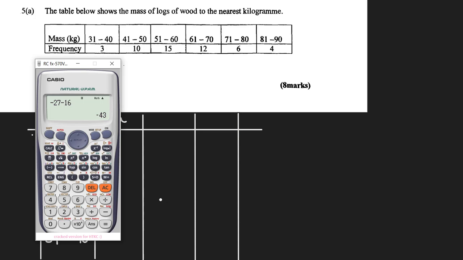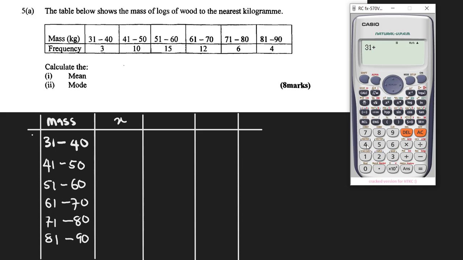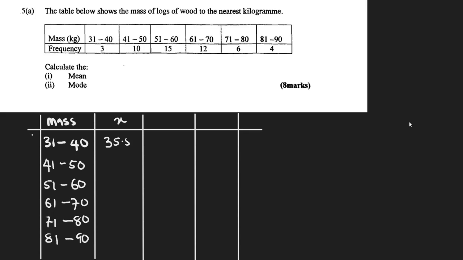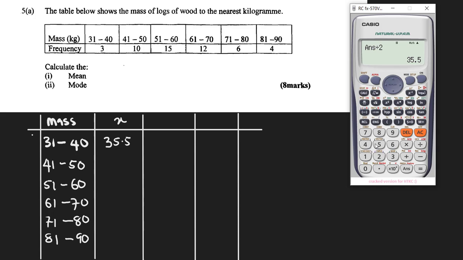So let's use our calculator. 31 plus 40 divided by 2 is 35.5. So we're going to have 35.5 here. Then we say 41 plus 50 divided by 2 is 45.5.